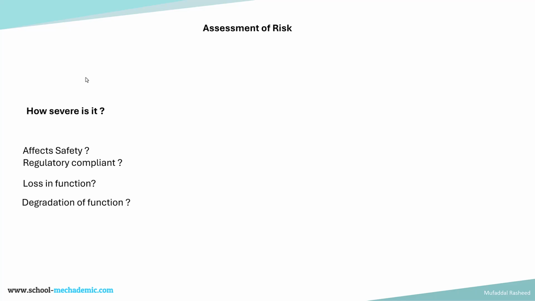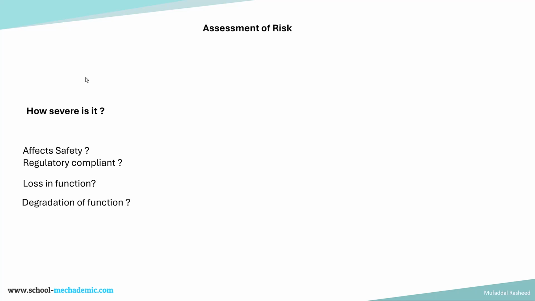The next level would be loss in function. Is a failure mode causing loss in function? Basically, let's say there's a car and the engine seizes. Now the seizing of the engine might not affect the safety, although actually it can affect the safety if it happens during running. But if it happens when the vehicle is stationary, it is loss of function.